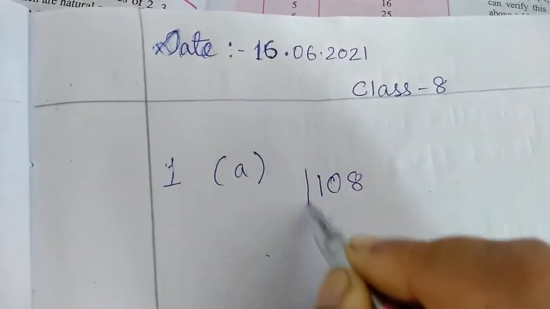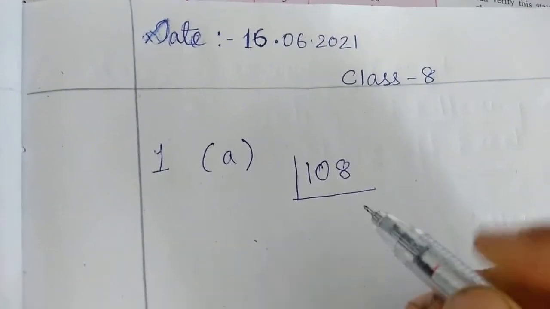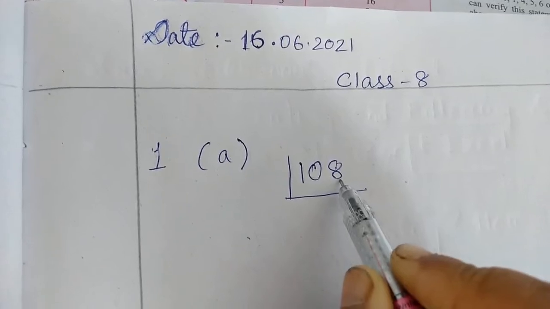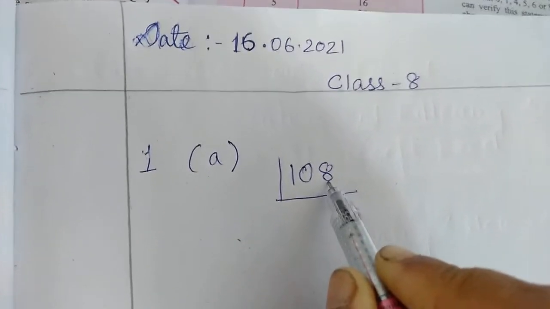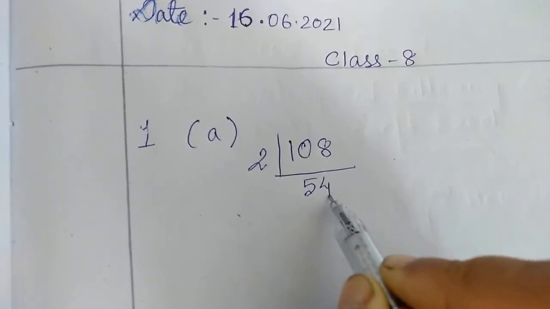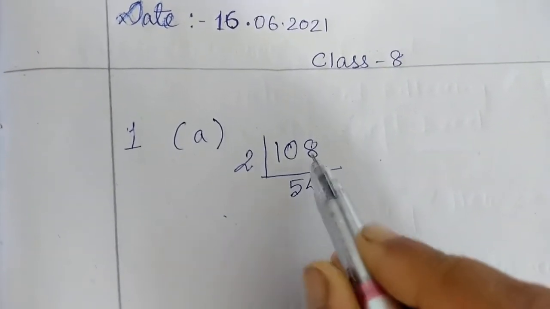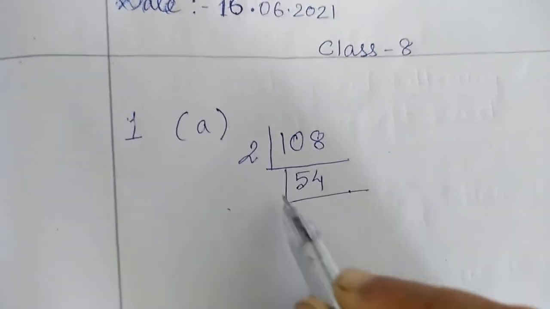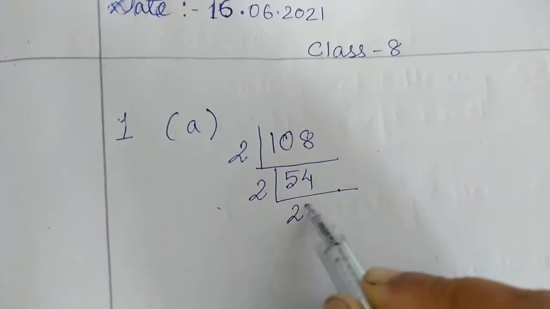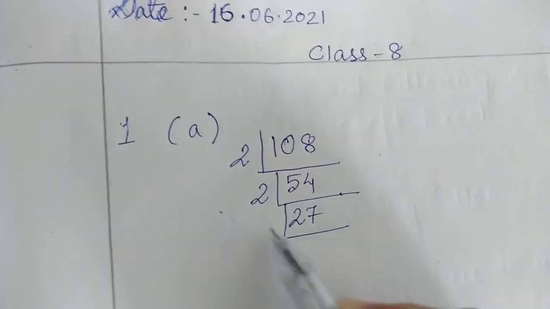108. So we have to find the prime factors. Since the last digit is 8, an even number, let us start dividing with 2. 2 5s are 10, 2 into 54 is 108. 2 2s are 4, 2 7s are 14.